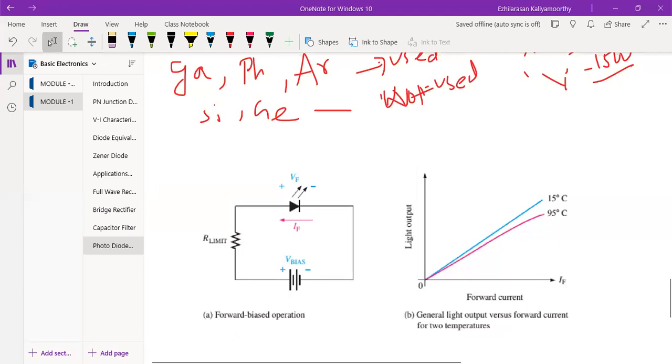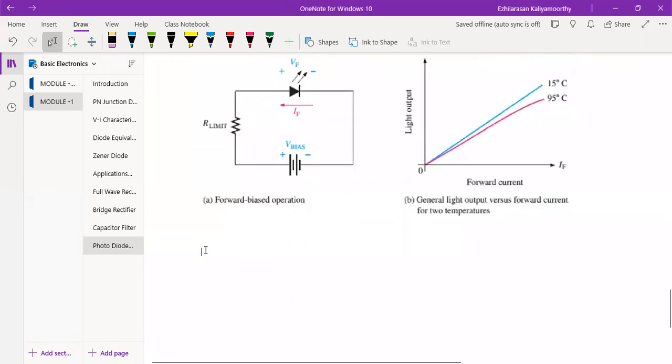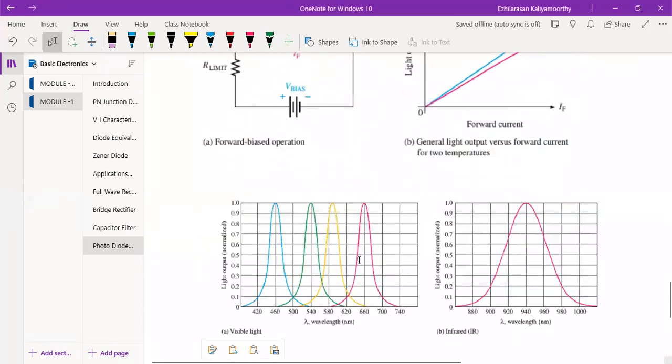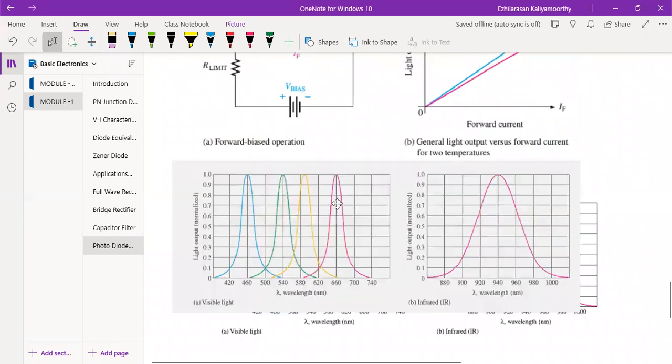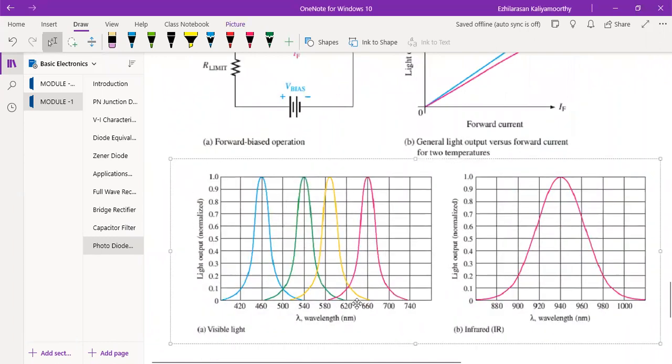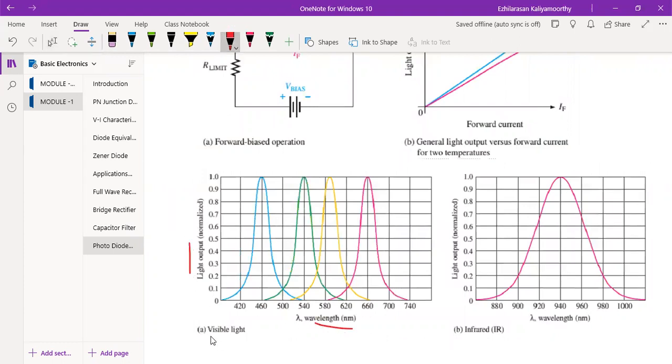We will have different colors. I will show some graph. This graph is not required in the examination, I'm just giving it for a purpose. Here the x-axis is the wavelength and the y-axis is your light output.